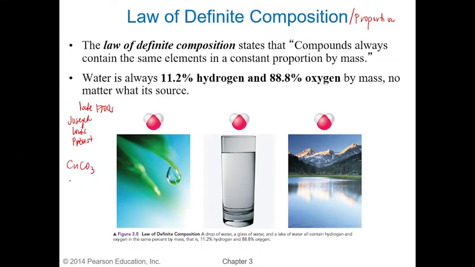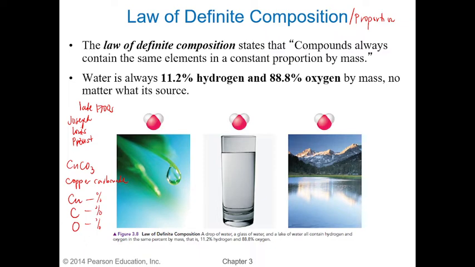Lagi niyang ini-experiment ito, and no matter how we prepare this compound, the copper carbonate, ang naging findings niya or result niya ay yung individual elements copper, carbon, and oxygen, they are always present in a particular proportion. So may percent lagi sila na laging parehas yung percentage na na-arrive niya.